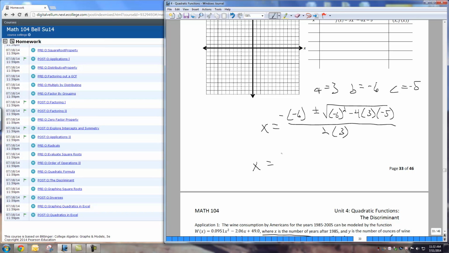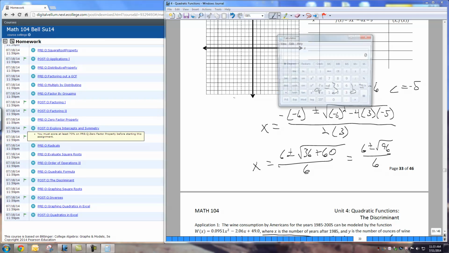So this means x equals 6 plus or minus the square root of 36 plus, that's 12 times 5 or 20 times 3, which is 60 over 6, which equals 6 plus or minus the square root of 96 over 6. Which will give us 2 decimals. 6 plus square root of 96 over 6, and 6 minus the square root of 96 over 6.